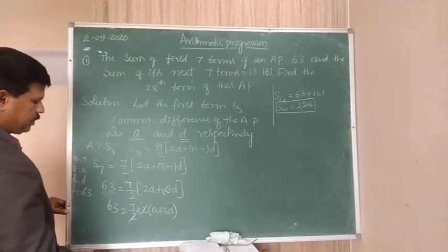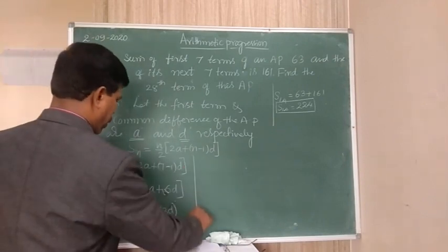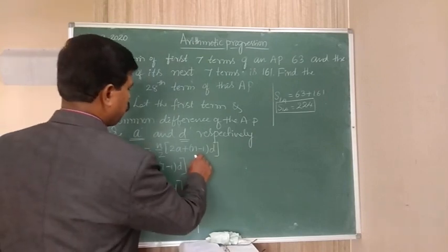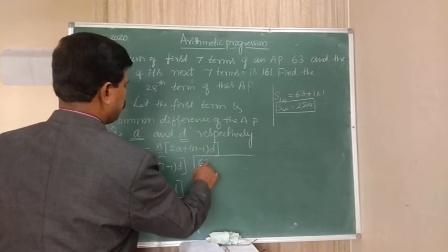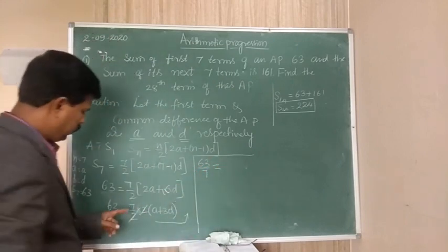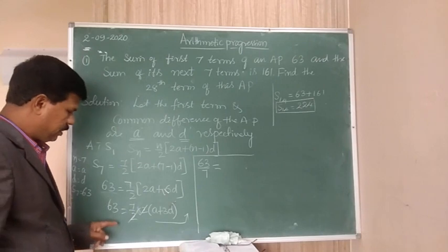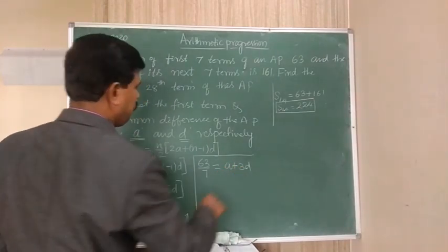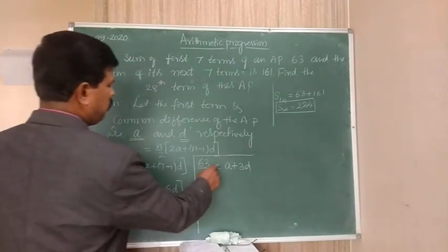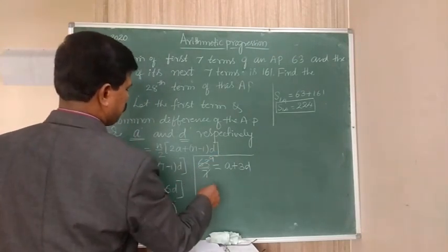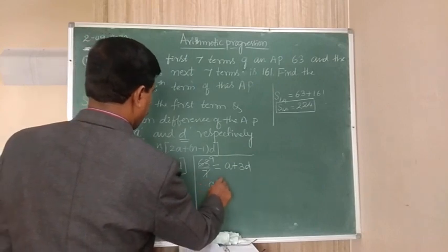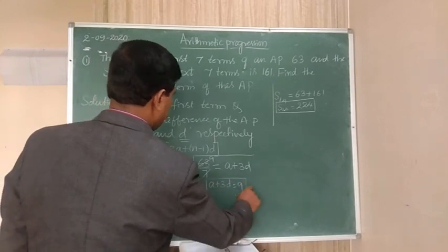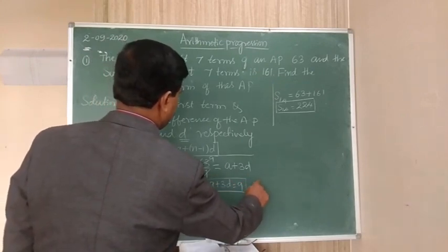Now 2 gets cancelled. Then 63 by 7 is equal to a plus 3d. Clear? 7 ones are 7, 7 nines are 63. Therefore, a plus 3d is equal to 9. Call this equation number 1.